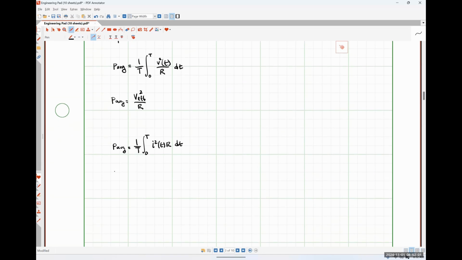And similarly, down here, we're going to have P average is equal to I effective squared over R. So if I put these two things equal to each other, let me put the V effective thing on the left-hand side: V effective squared over R is equal to 1 over T times the integral from 0 to T of our periodic voltage waveform squared divided by the resistance value, and then I'm integrating with respect to time.